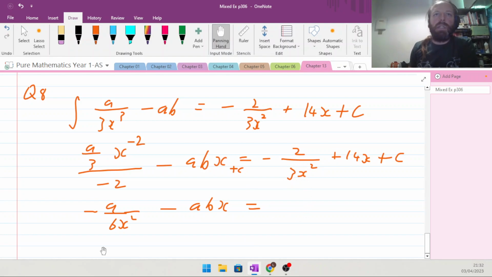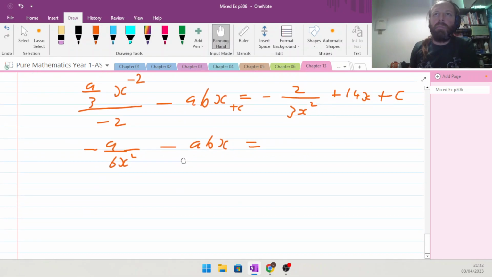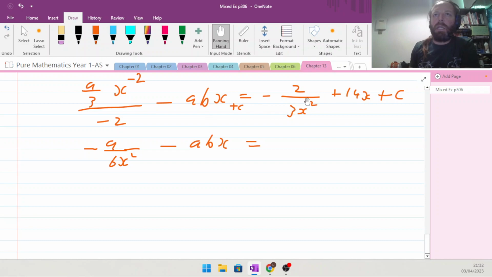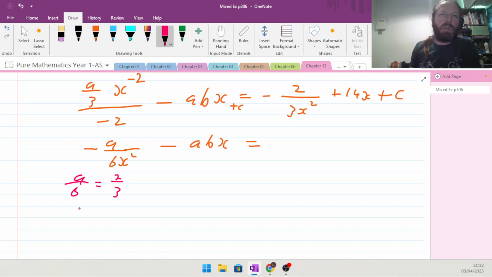We need to split these two up. Take the coefficients of x squared. So if we take a over 6 is equal to 2 over 3, then we can quickly get 3a equals 12, just cross multiplying, giving us a equals 4.